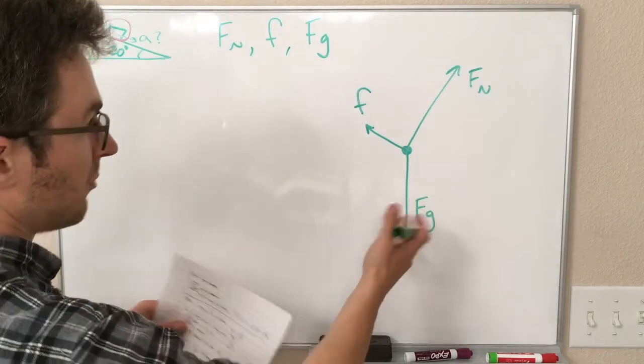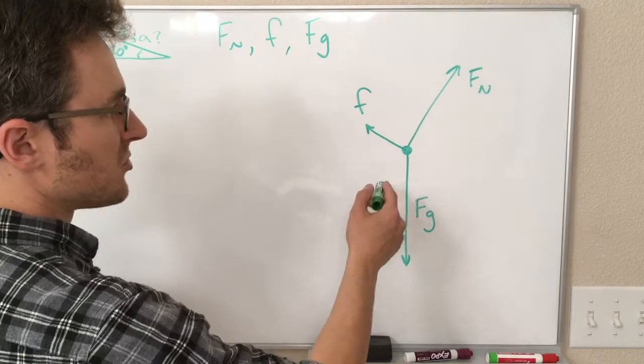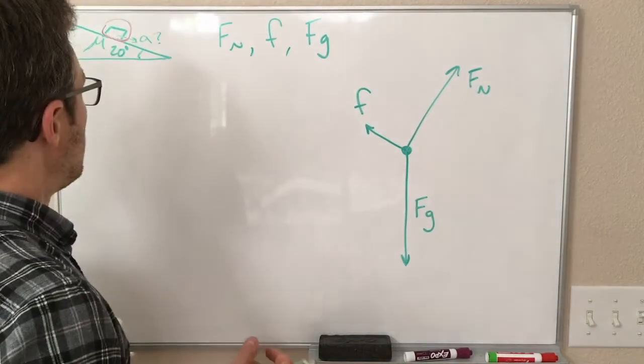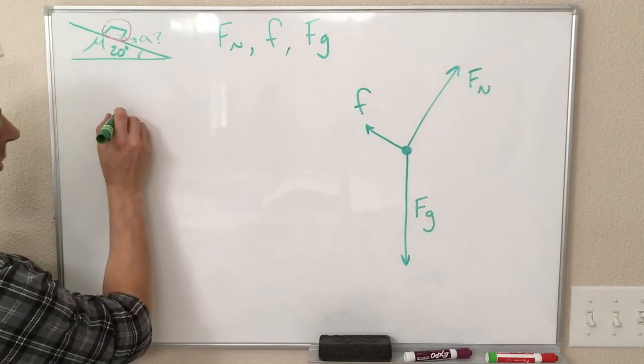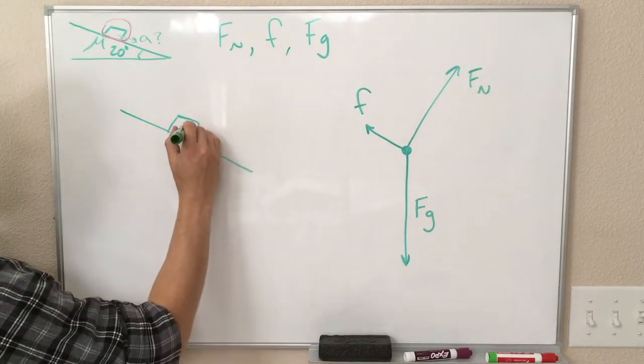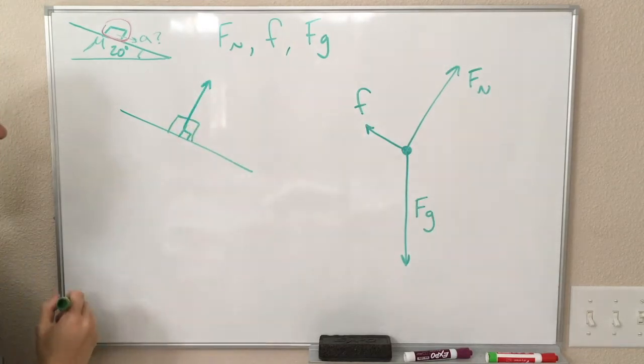To improve on this, we could add one more thing, and that is put some angles showing the relationship between these different forces. Now, if this is our ramp and our block, our normal force is in this perpendicular direction, right?